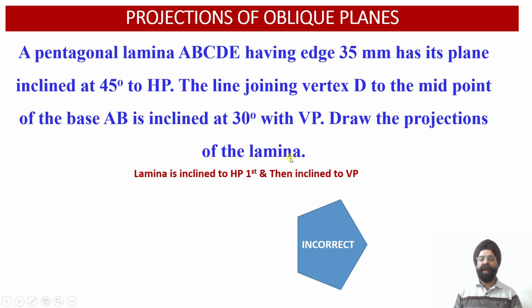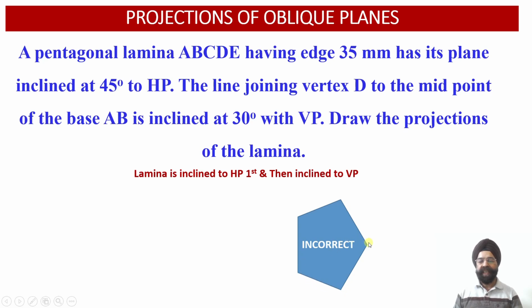Now let us discuss the orientation of this lamina with respect to the vertical plane. If we have this orientation of this lamina, what's going to happen if we incline this with respect to the horizontal plane, either in this orientation or in this orientation? We will find that this edge will still remain a true length projection on the top view, but there will be foreshortening of this edge, this edge, this edge and this edge as well.